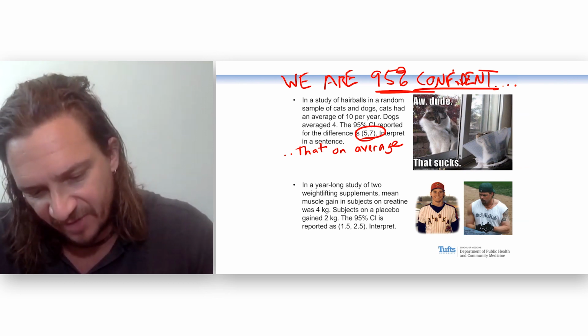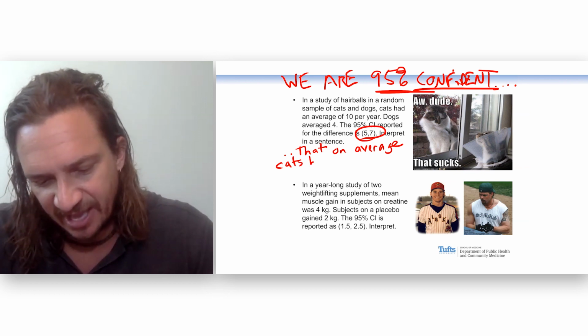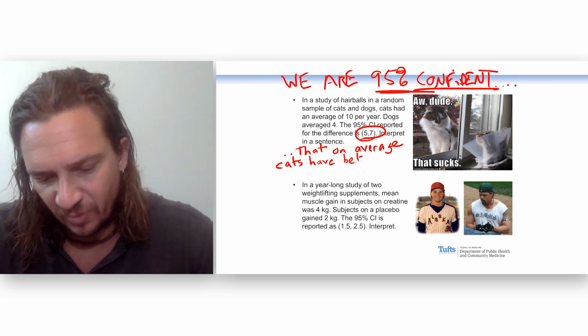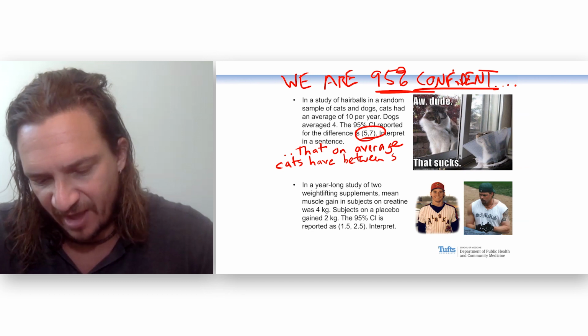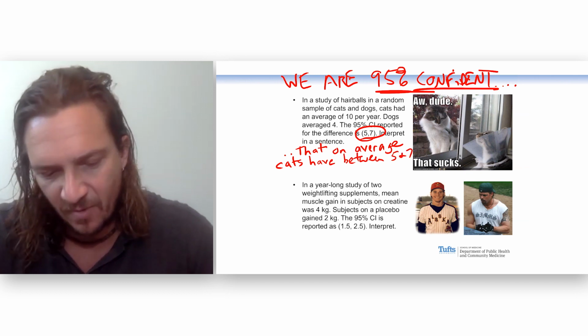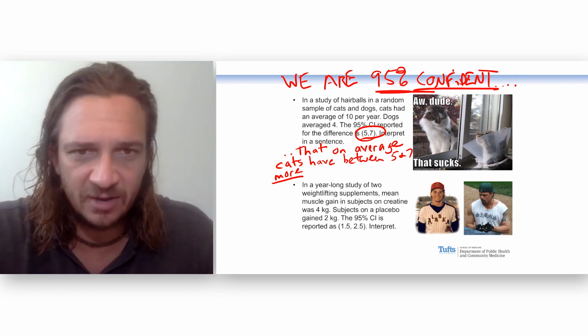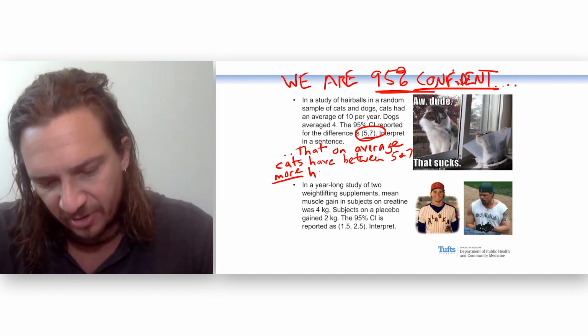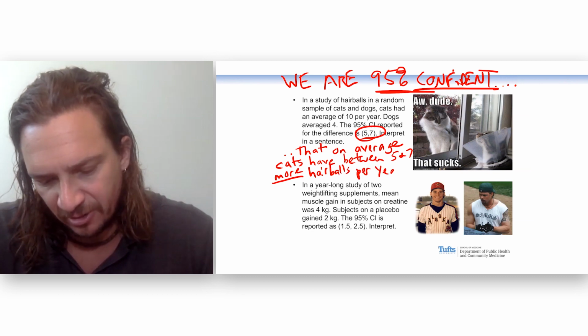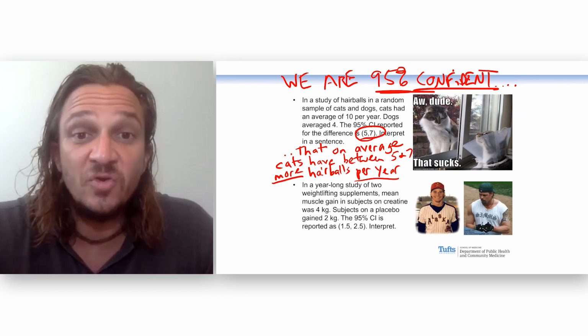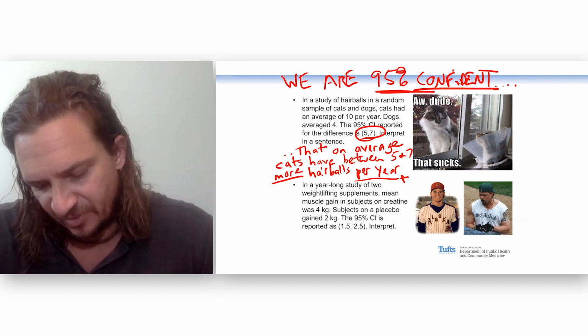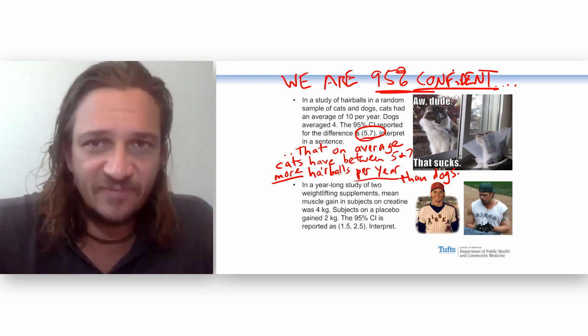So on the average, cats have between 5 and 7 more, there's our directionality, more hairballs per year, there's our units, than dogs.